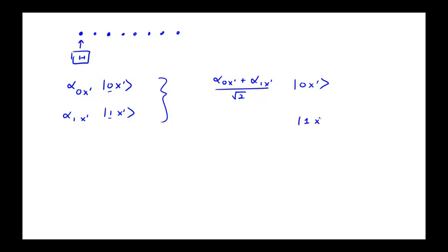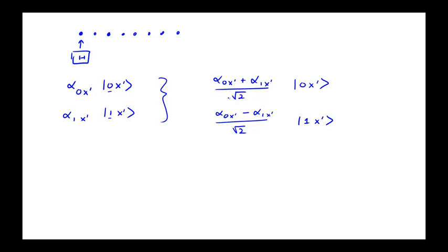On the other hand, 1x prime ends up with amplitude (alpha 0x prime minus alpha 1x prime) over square root 2. Okay? But this is true about all the possible n-bit strings x. So what we've done is we've paired up all the n-bit strings, and then what this gate does is it takes the amplitudes of these two strings and mixes them up in this way.